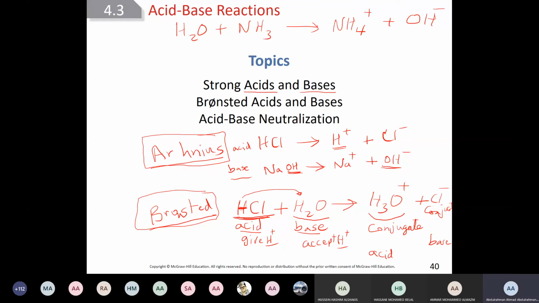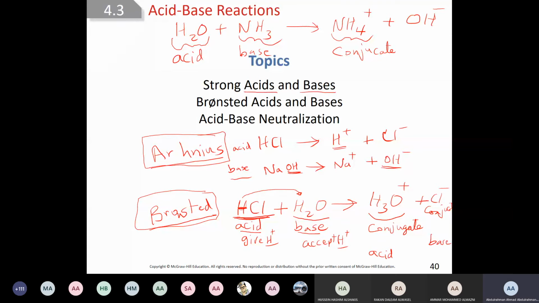Okay, according to Bronsted, what's this? H2O is acid. Why? Because it gives H plus. What's this? Base. What's this? Conjugate acid.